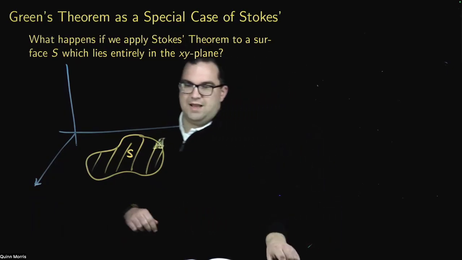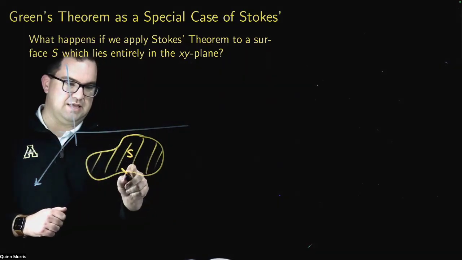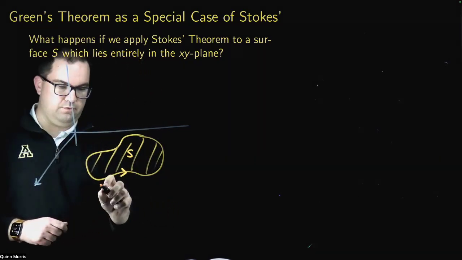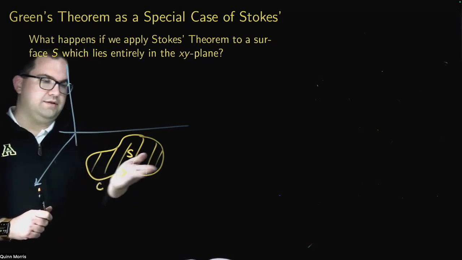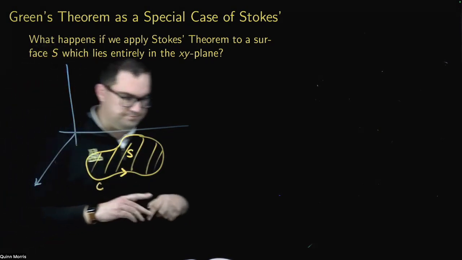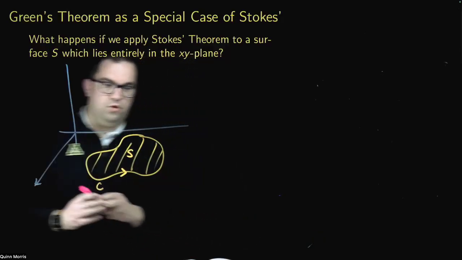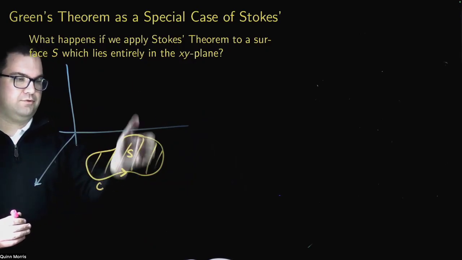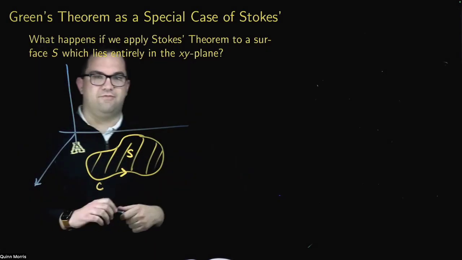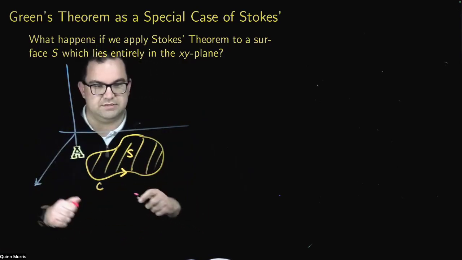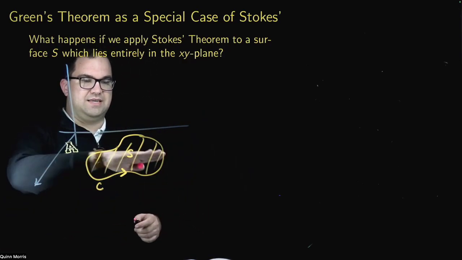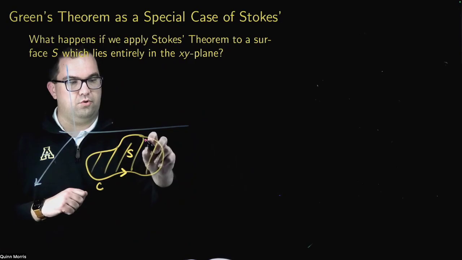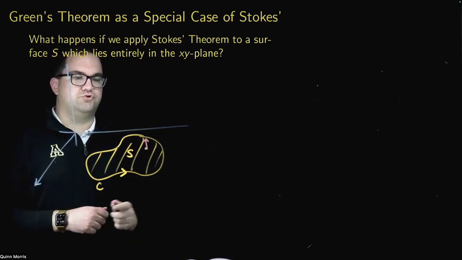Well, if I imagine that the boundary of S, which we call C, is oriented in the counterclockwise direction, then the normal that is compatible with that, using a right-hand rule, so I curl my fingers in the direction of the parameterization, would be pointing this way. Now, if I think about a unit normal to this surface, well, this set S lies entirely in the xy plane, so my unit normal must point straight up.